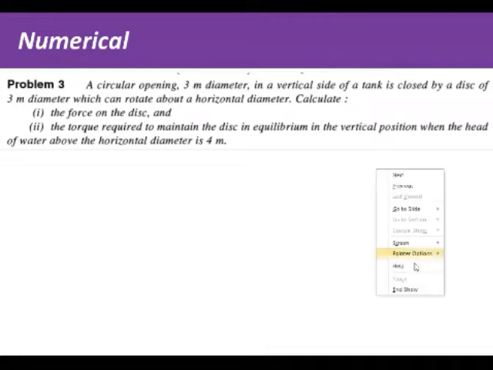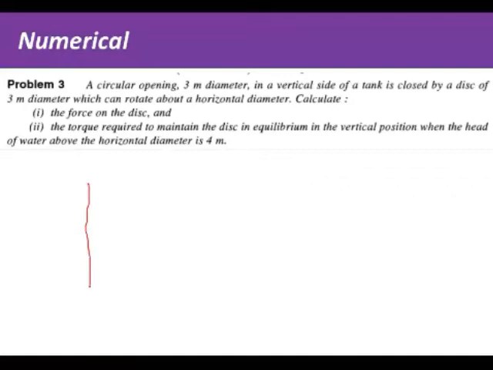Quickly we will see the schematic, or what is given in this problem. You can see this is a tank which is filled with water, and on one side of the tank a 3-meter circular hole is provided. This hole is provided with one 3-meter diameter disc, that means there is one circular gate of 3-meter diameter.